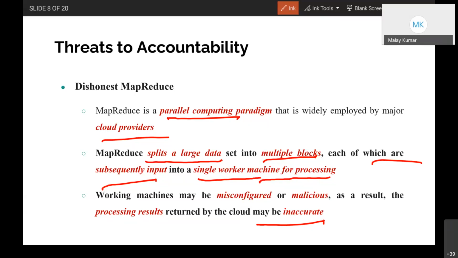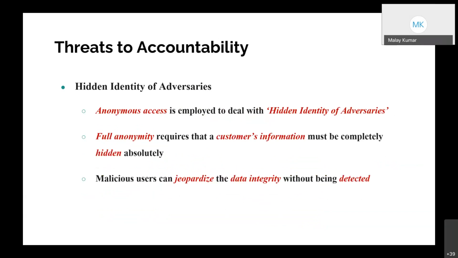So if that computation is producing a wrong result, it is not possible for a client to check whether the produced result is correct or incorrect.